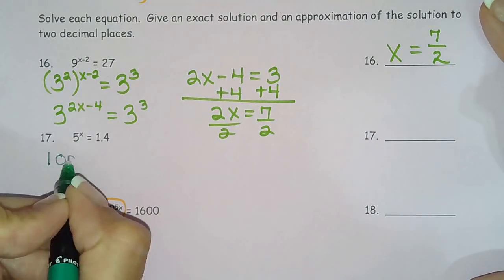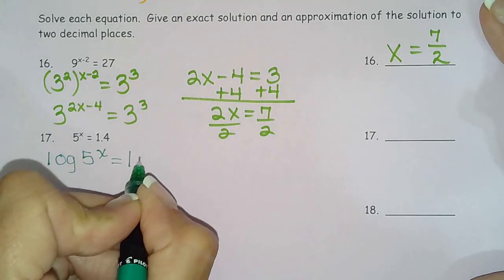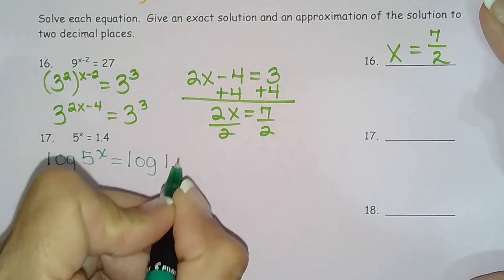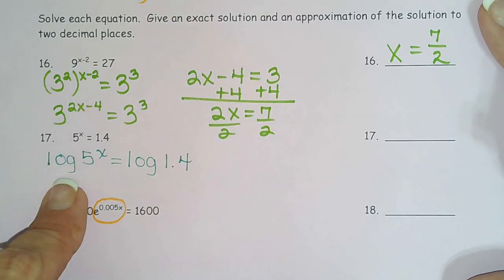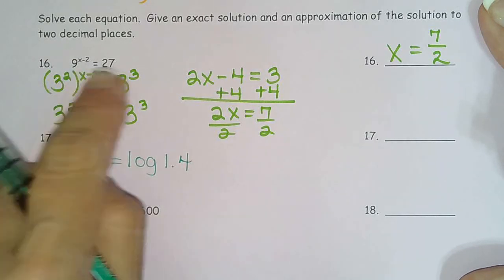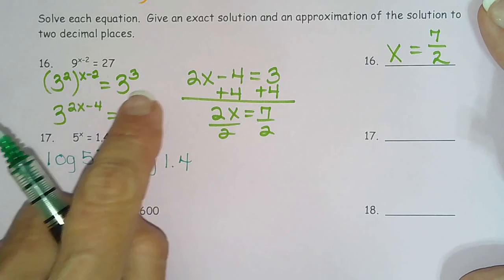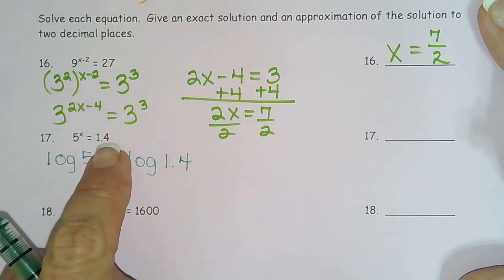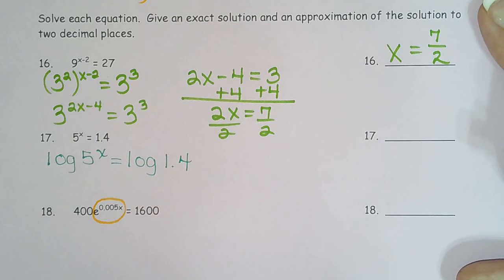So log 5 to the x equals log 1.4. So are you wondering why we did this one this way and we're doing this one this way, or does everybody know? Here we could make the bases the same. That's why we did this method. 5 and 1.4, we can't make the bases the same, so that's why we do the log of both sides.